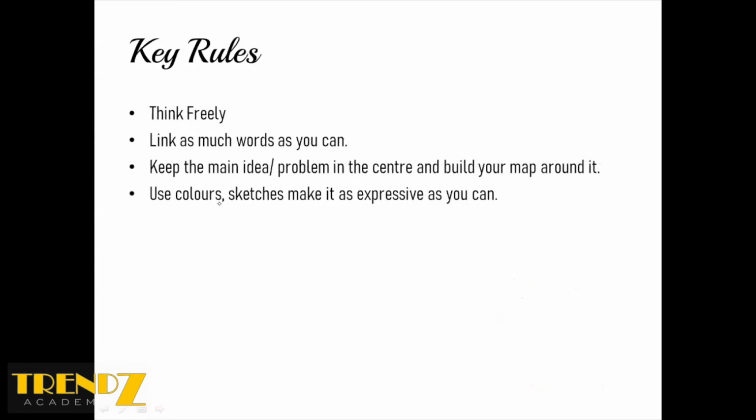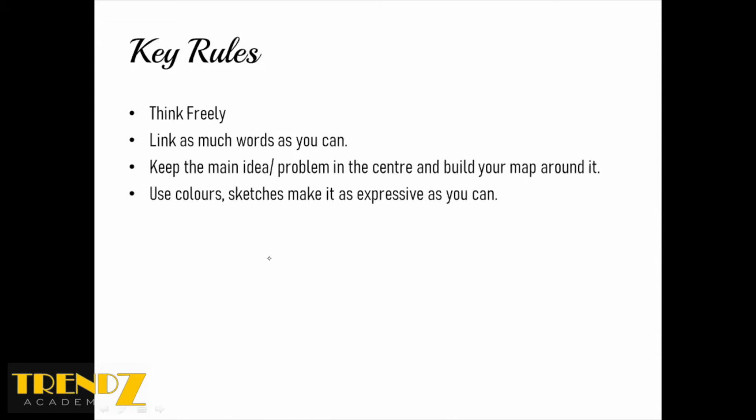The key rules of doing mind mapping are: think freely, link as many words as you can, and keep the idea or problem in the center while you're doing mind mapping, so that you can build around it in all the directions, and your brain doesn't get blocked.